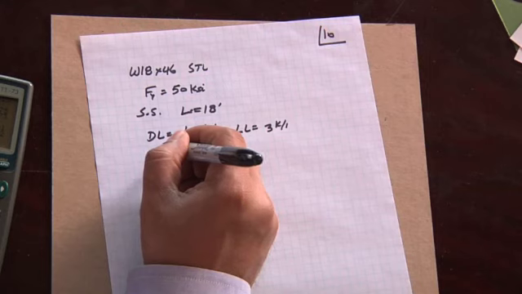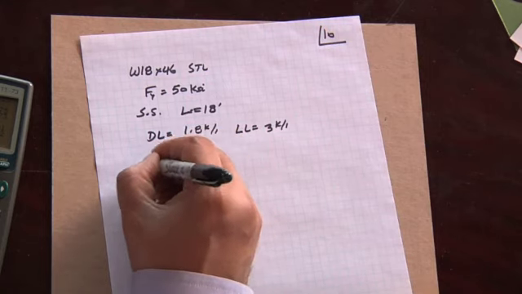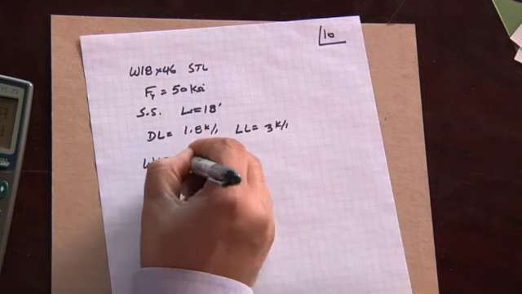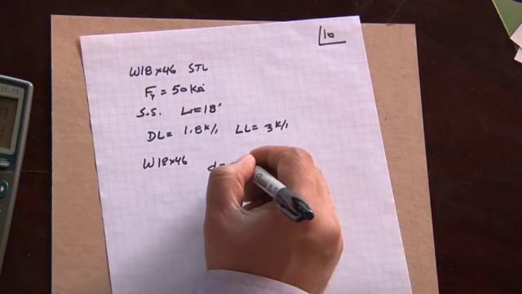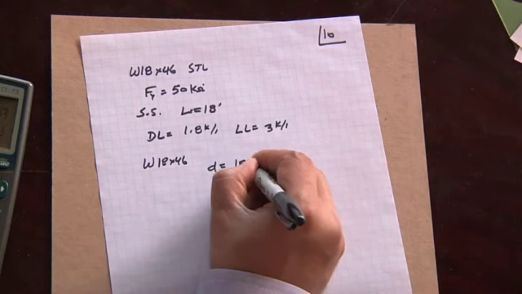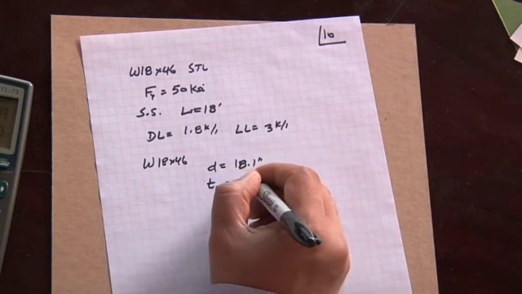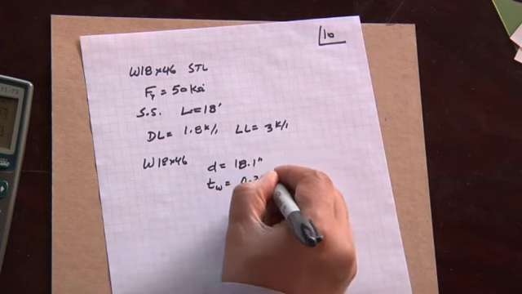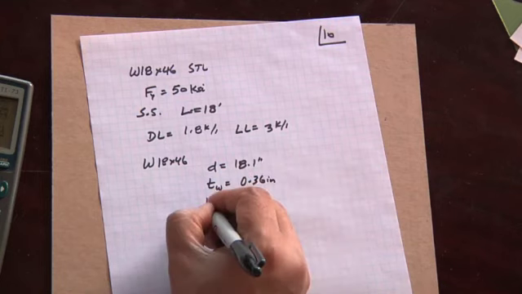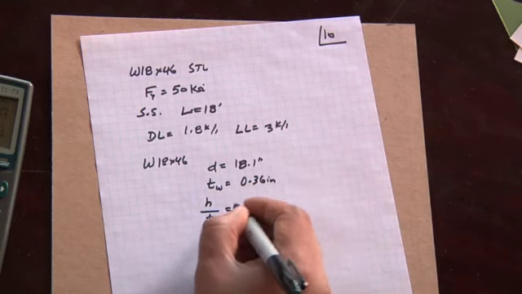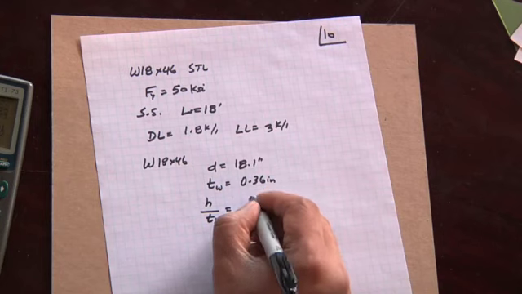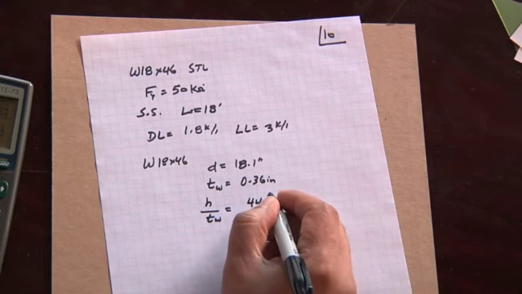And I'll give you some of the values on this member. For a W18 by 46 member, the depth of the member is 18.1 inches. The web thickness is 0.36 inches. And the h over t, depth to thickness ratio, is 44.6.